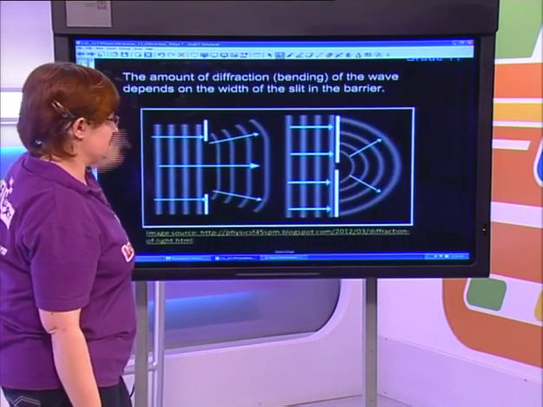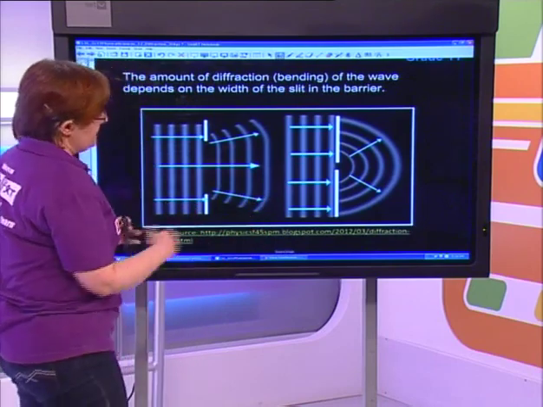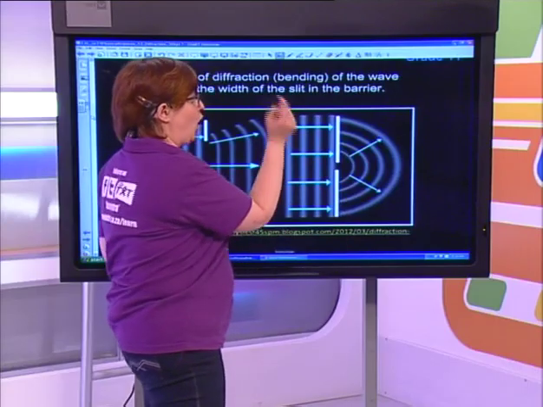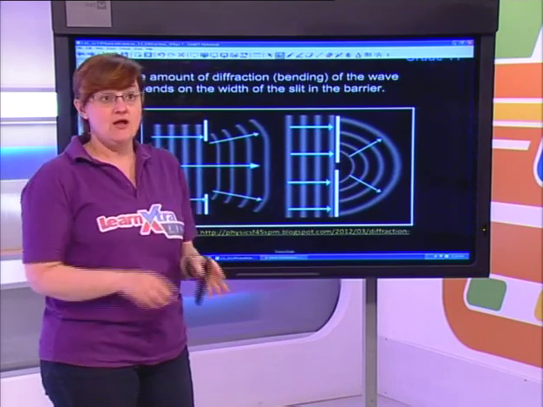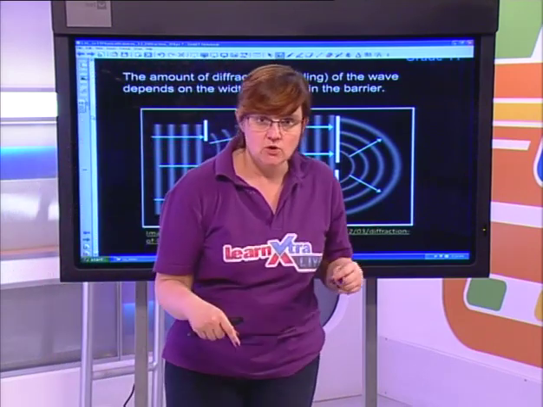So I said to you how much it bends depends on the slit, okay? So it's really easy to remember. If it's a wide opening, little bending. Wide opening, very little diffraction. Small opening, lots of diffraction, okay? So the smaller the opening, the more it bends, okay?